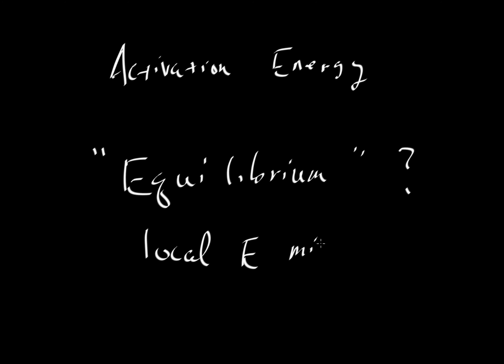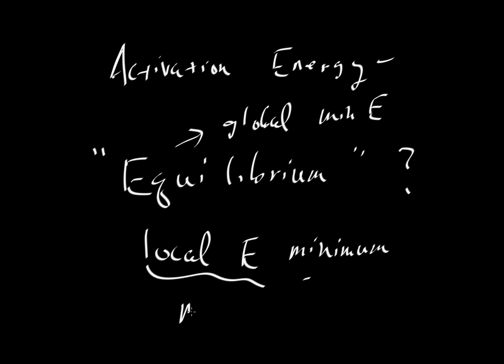And it could be that despite our best attempts to disturb that local energy minimum, the energy barrier, the activation energy, is just too large to get the system to go into a global lowest energy. So for equilibrium, that would be a global minimum in energy, and a local energy minimum would be our metastable state.